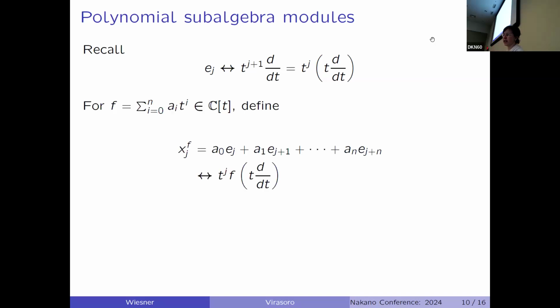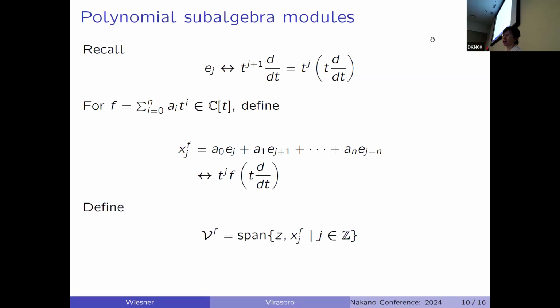If I take an arbitrary polynomial, I can associate it with an element of the Virasoro algebra, and with a whole family of elements, where I'm taking the polynomial, translating it over to the corresponding element in the Virasoro algebra, and then doing some kind of shift by tj, however we want.